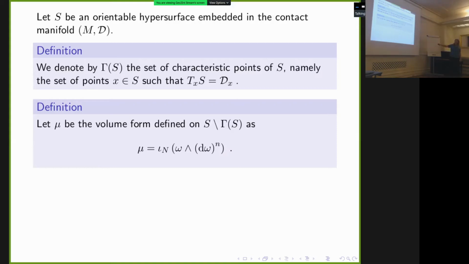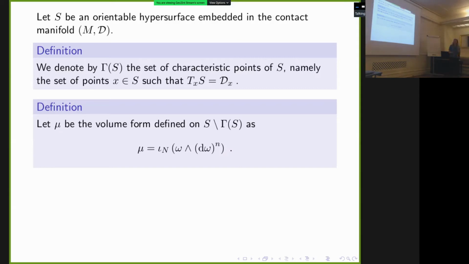We use this volume form, which is given on your manifold M, and the sub-Riemannian normal vector to the hypersurface S. If we restrict this volume form to the surface, we end up with a volume form induced on the hypersurface. The one thing I should highlight is that this sub-Riemannian normal is not defined at characteristic points. Something goes wrong at those points, which is why this expression only makes sense on the hypersurface minus the set of characteristic points.